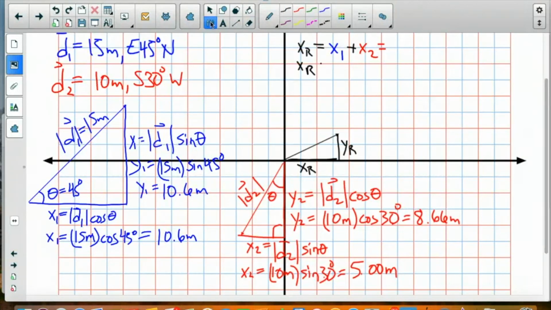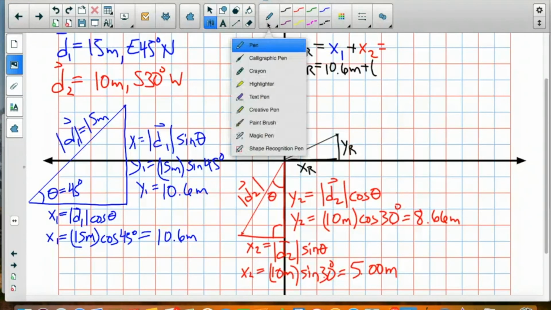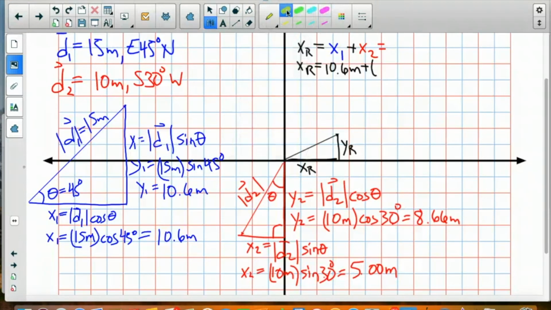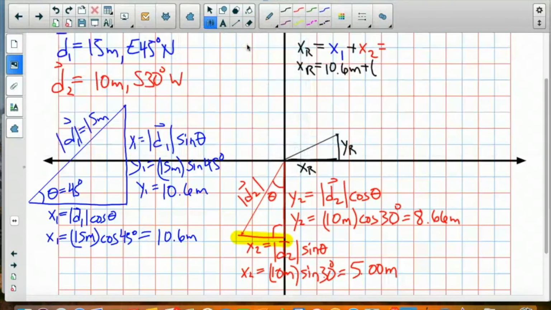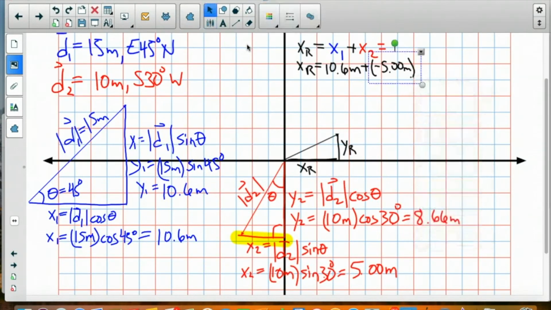So this XR is 10.6 meters plus, and now we have to be a little careful because if you look down here, our x in this case is going in the negative direction. So we're going to have to manually put that in. So instead of 5 meters, we put -5 meters. And that gives us 5.60 meters.